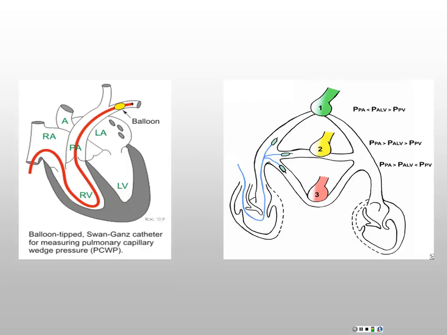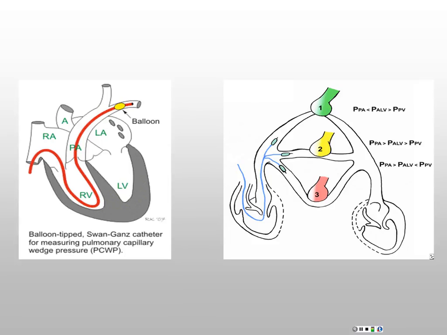The most areas with dependent blood flow: if you are standing, your zone 3 will most likely be towards the bases. If you lie down, this changes depending on the distribution of the blood flow. Zone 3 is the most dependent area of your lung, where you have more blood flow and continuous blood flow between the right side and the left side of the heart.